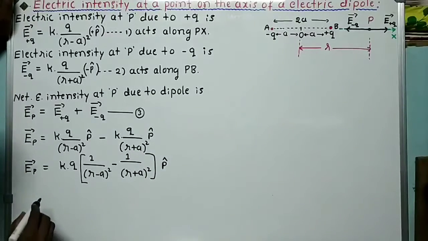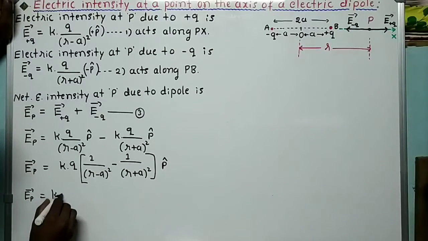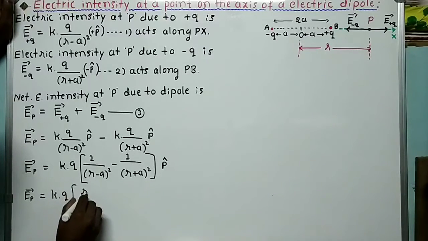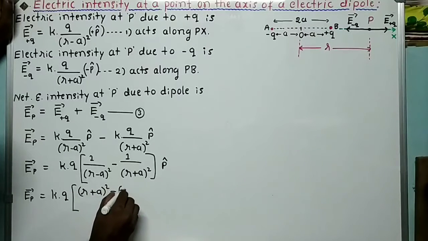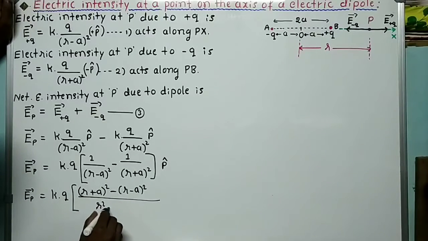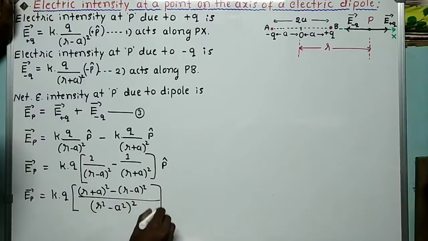Now the electric intensity at point P is equal to K into Q. Here the LCM gives (R plus A) whole square minus (R minus A) whole square, whole divided by (R square minus A square) whole square, into P cap.